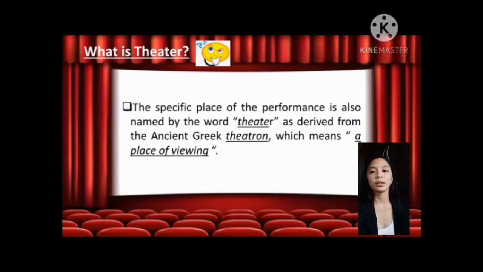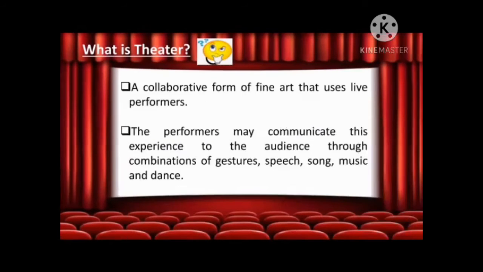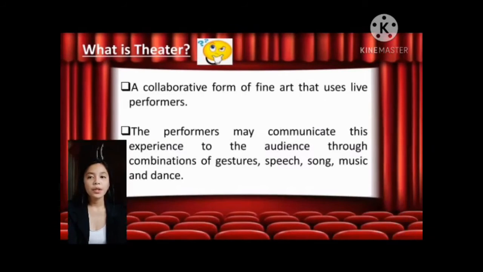Also, theater is a form of fine art that uses live performers. So it cannot be called theater without the performers, or what we call the persons who act on stage.